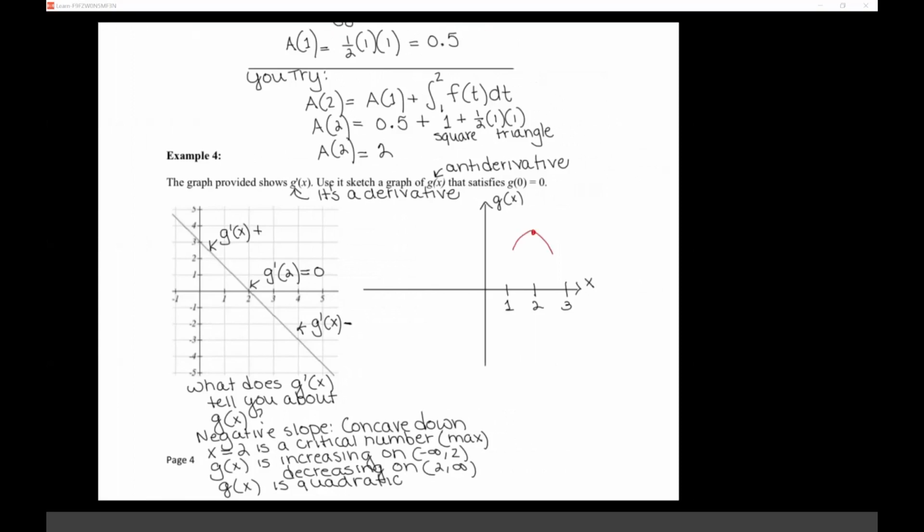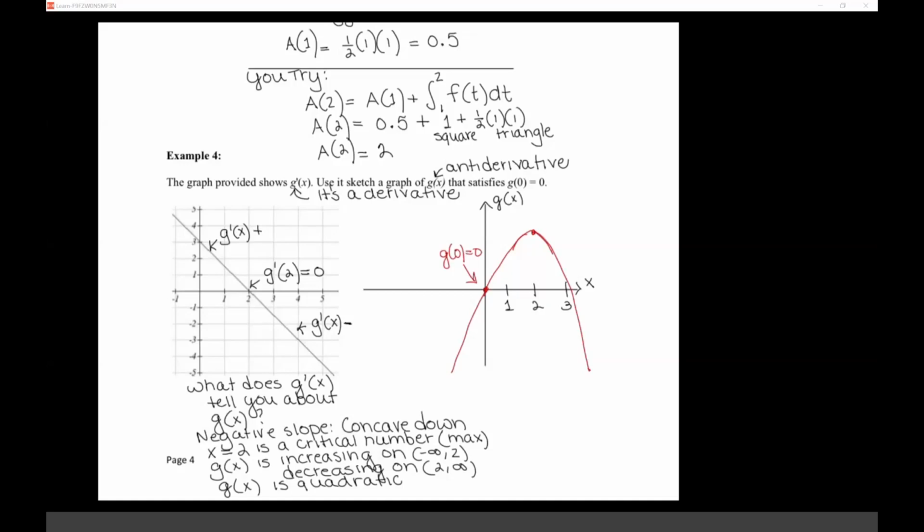So now let me throw in this last condition, okay? The value of this function at 0 has to be 0. There's my graph, okay? Everybody all right with this?